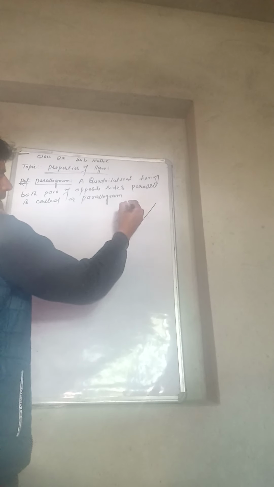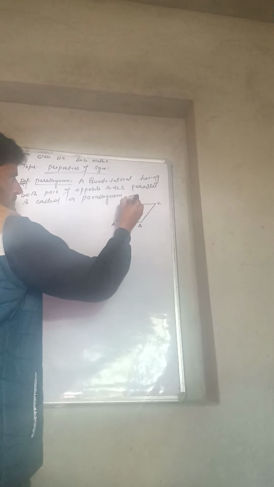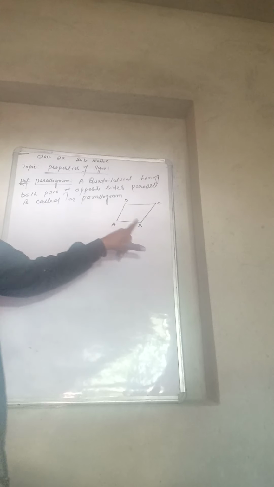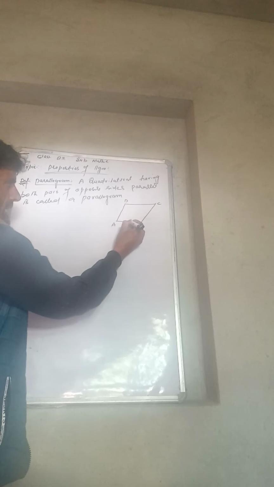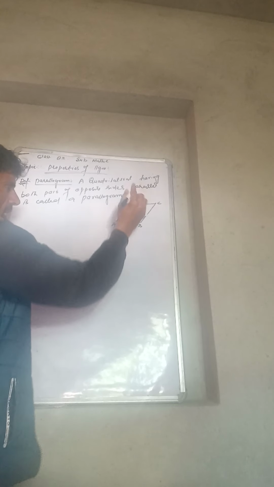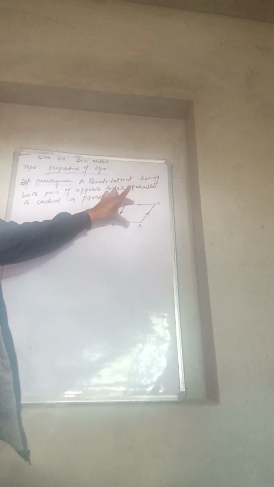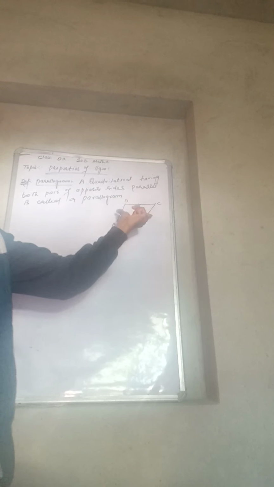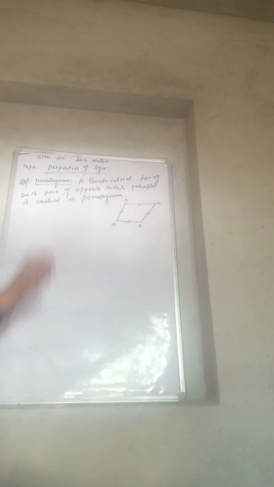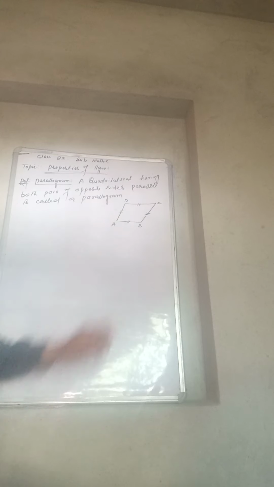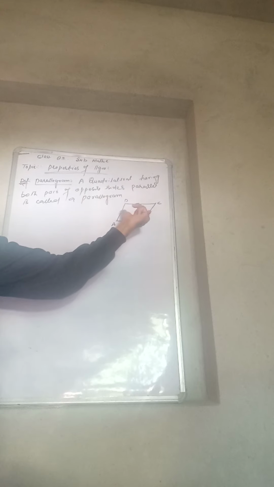Let this be a quadrilateral ABCD. If this quadrilateral is such that both pairs, ये और ये, are parallel, and these opposite sides are parallel and these two are also parallel, this is parallel to this and this is parallel to this.